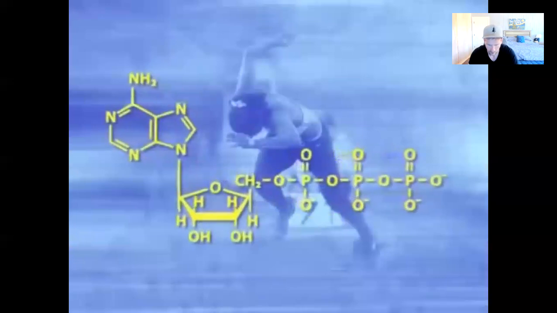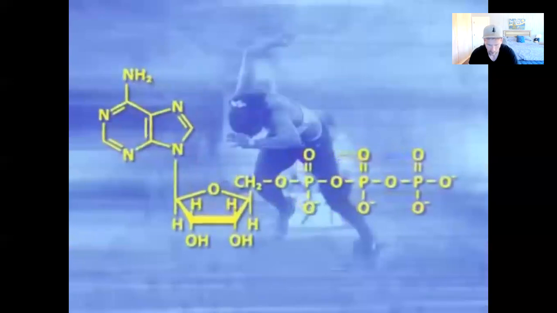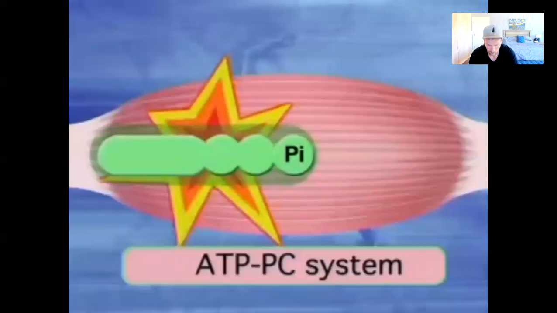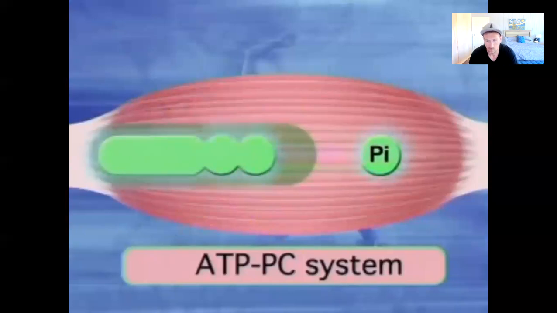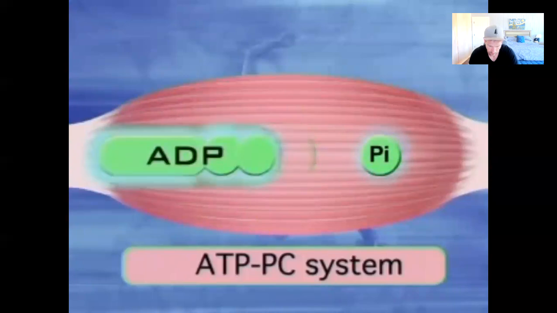Its molecular diagram looks like this. When the energy from an ATP molecule is released, one of the phosphate groups, consisting of 1 phosphorus atom and 3 oxygens, splits away. The remaining molecule is known as ADP, or adenosine diphosphate.